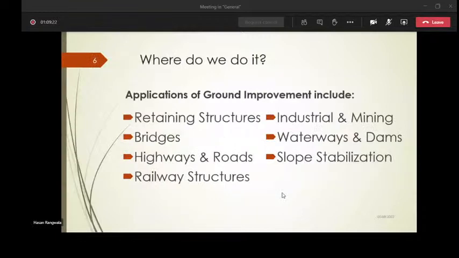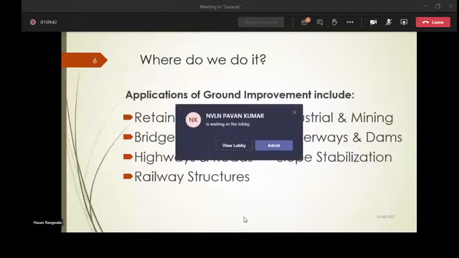So where is the application of ground improvement? You have retaining structures, you may have industrial or mining sector, bridges, waterways, stabilization of slopes, railways, and today's topic is on highways or pavement.